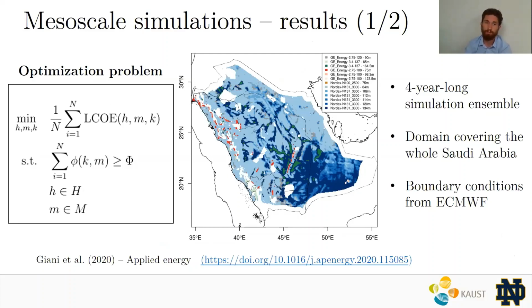So you want, of course, to minimize the amount of money that you have to pay per the same amount of energy, given some decision variables. And the decision variables we can act upon are the height of the turbine, that's H, the model of the turbine. So there are different manufacturers with very different wind turbine characteristics.